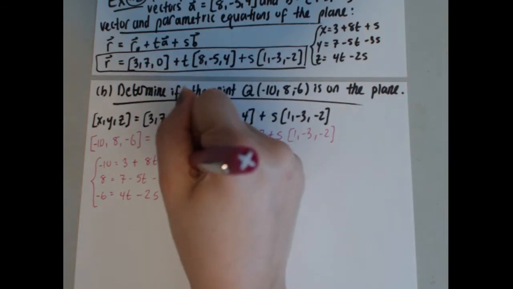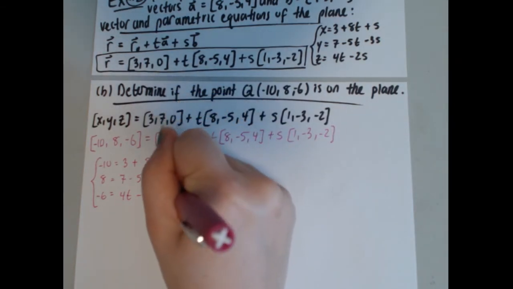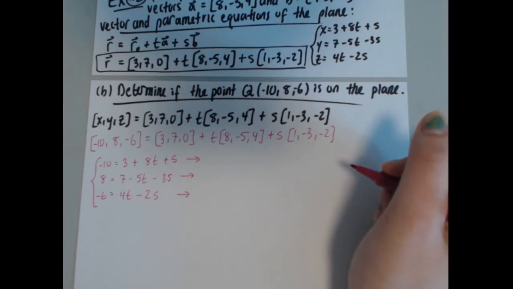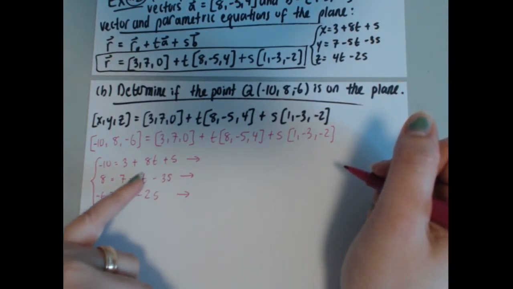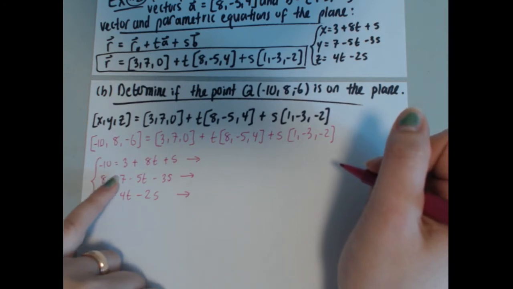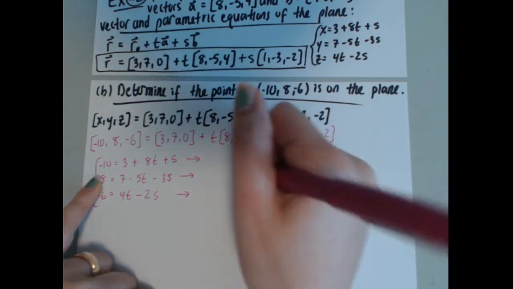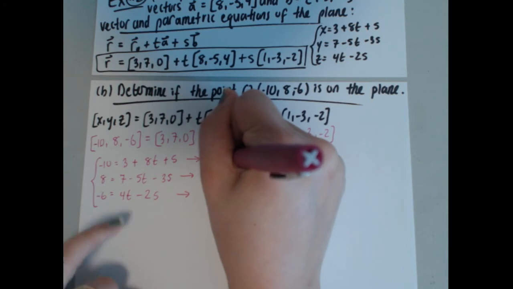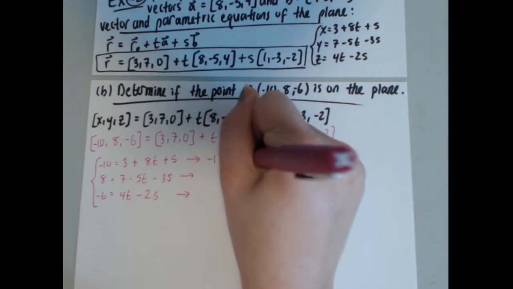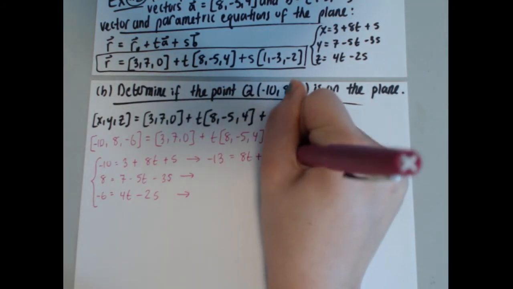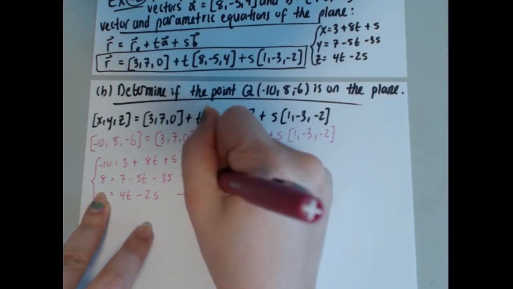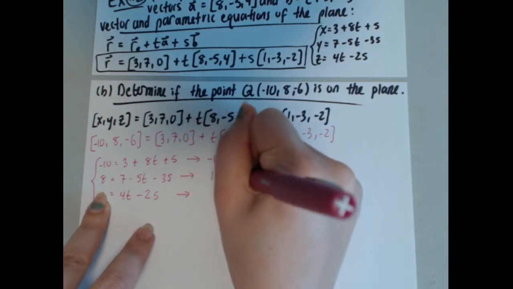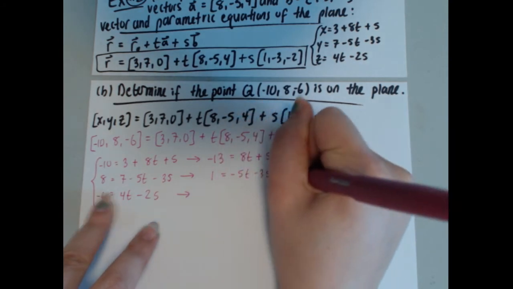Okay, so I'm just going to simplify these first before I label them equations 1, 2, and 3. I'm just going to get only one term with s, one term with t, and one scalar term. So -10 minus 3, that's -13. So -13 is equal to 8t plus s. That's equation number 1. Next, I have 8 minus 7, that's 1. 1 is equal to -5t minus 3s.